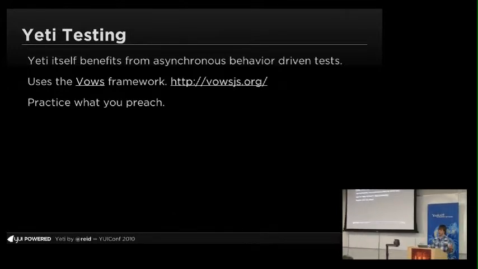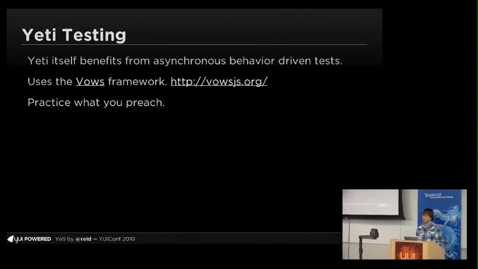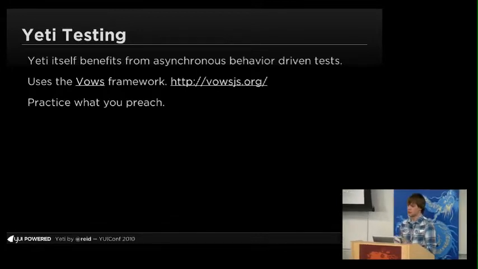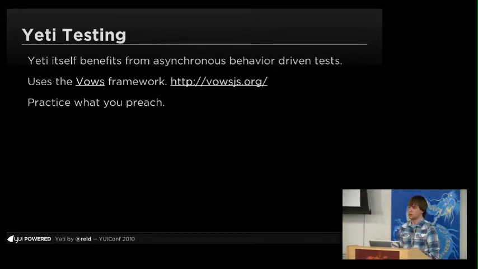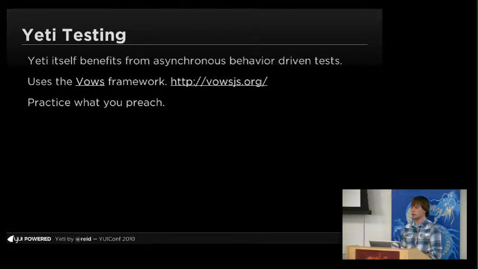It benefits from asynchronous behavior-driven tests that use the Vows framework, a small framework dedicated to servers that are written in Node. And because everything that Yeti does is pretty much over HTTP, this made a lot of sense, and it was specialized for Node.js.